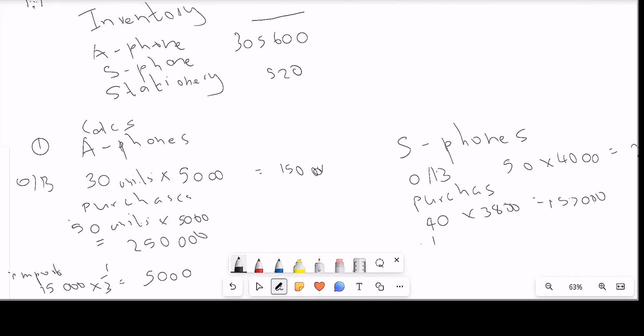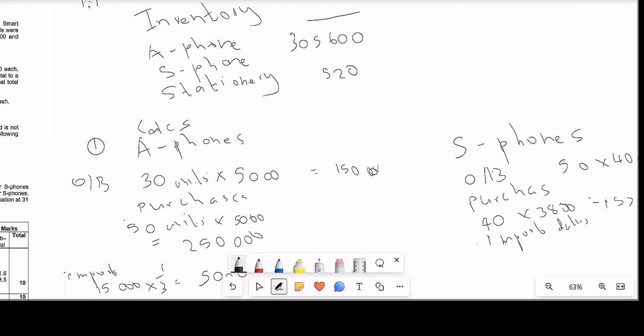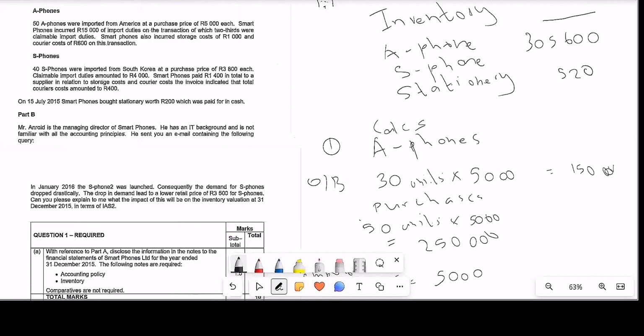And then import duties. Import duties, I said, were, let me see the import duties. So they were claimable, so we won't include them.